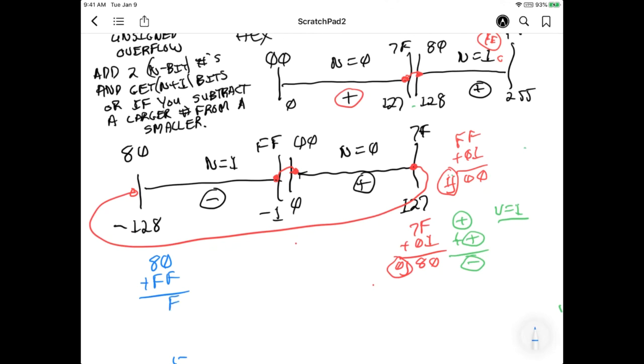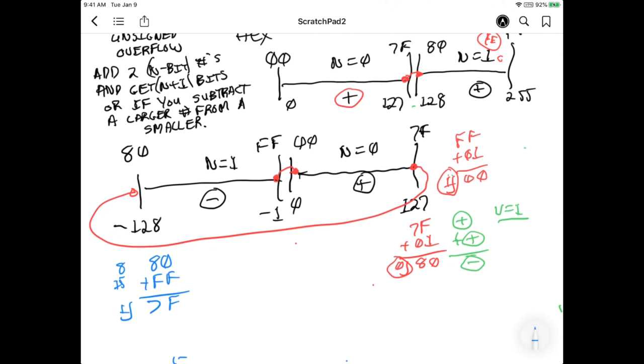Now F is 15, so 15 plus 8 is 23, which is 16 plus 7. Now again, if you don't understand this, for those people in the E and F group, we will be going over this in detail again in your EF lab section this week.